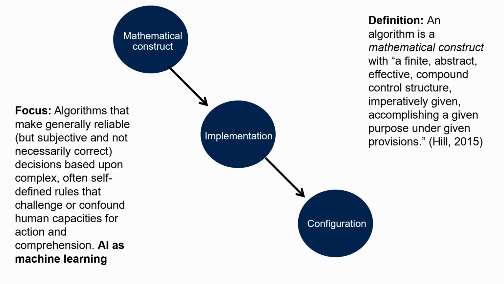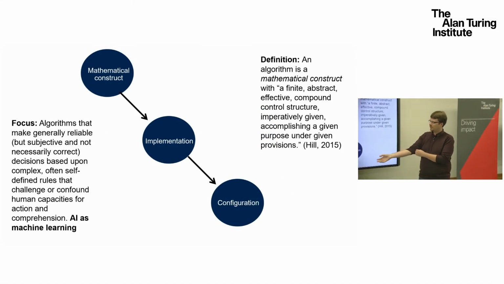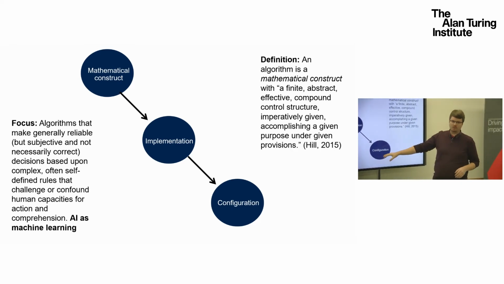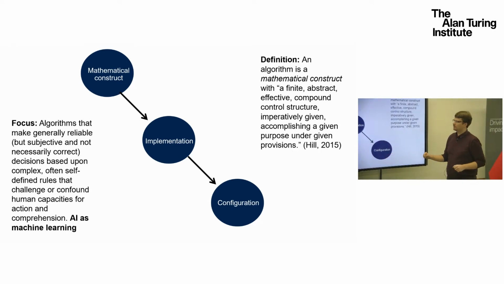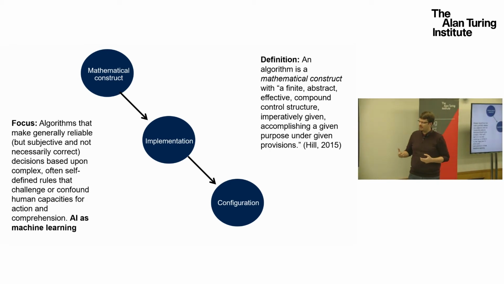And then finally, we can talk about the configuration of that implementation to answer a particular question or to handle particular data. The configuration stage will be different from the implementation insofar as an algorithm would be configured to answer a particular question or to handle a particular type of data. And the types of algorithms we're talking about are decision-making algorithms.